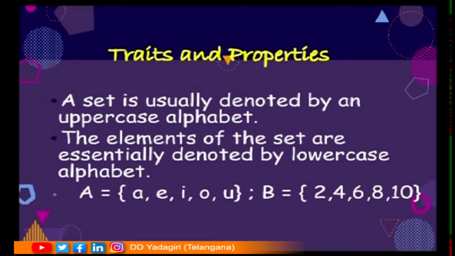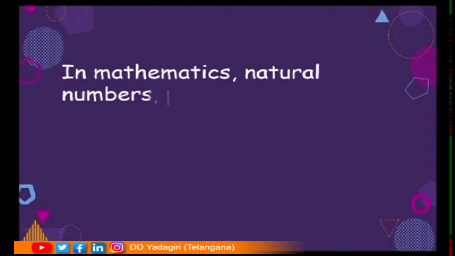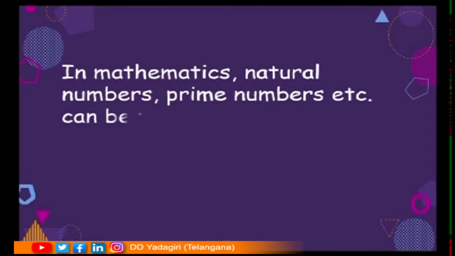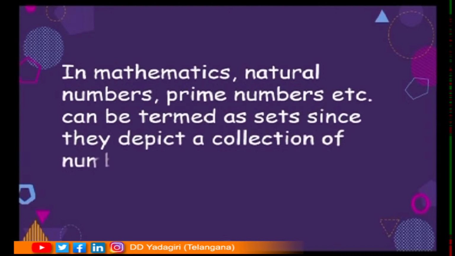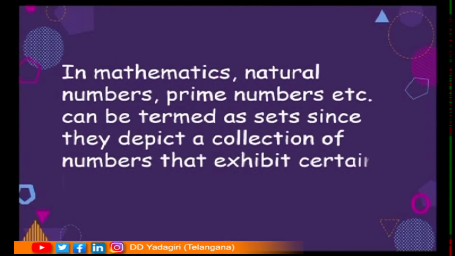If we take the second example, which is the first 5 even numbers, they are 2, 4, 6, 8, 10. So, set B consists of the elements 2, 4, 6, 8 and 10. In mathematics, natural numbers, prime numbers, etc. can be termed as sets since they depict a collection of numbers that exhibit certain behavior.